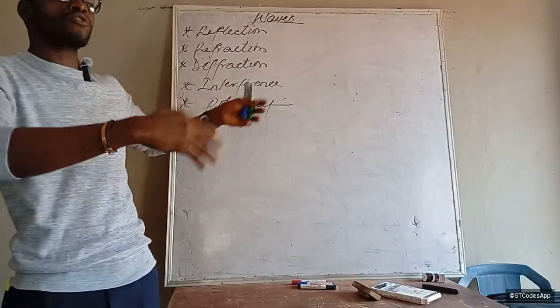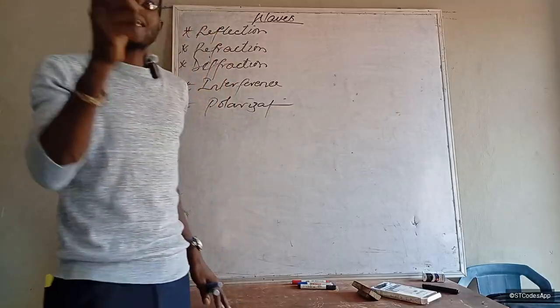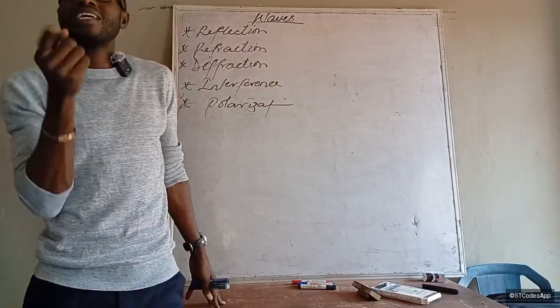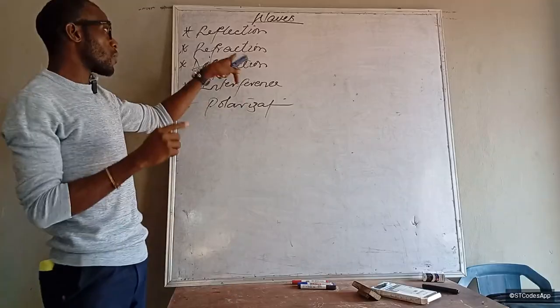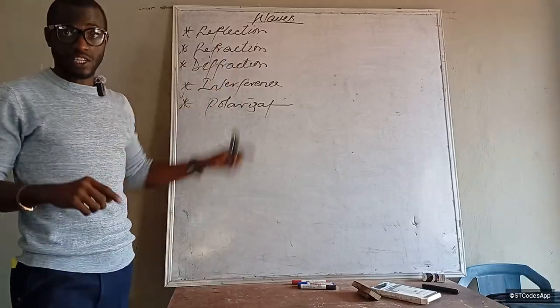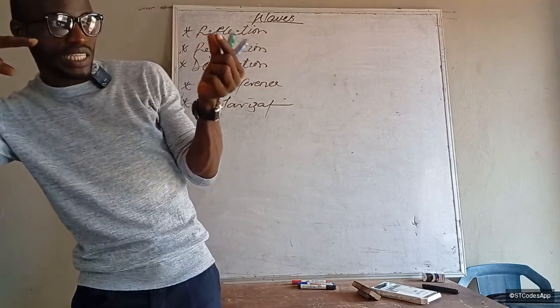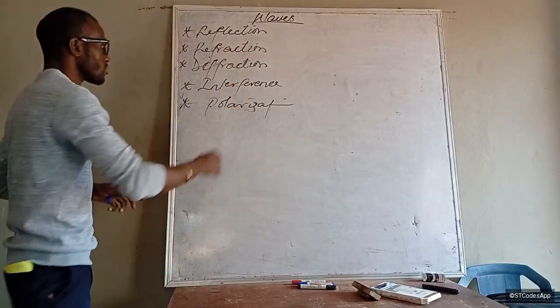It's bending around obstacles. That's one of the principles by which a pinhole camera operates. A pinhole camera operates on the principle of what? Diffraction. There's a small hole through which you illuminate. For example, I'll show you under reflection, don't worry.